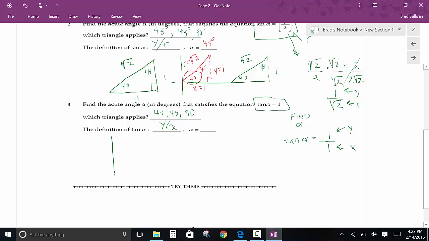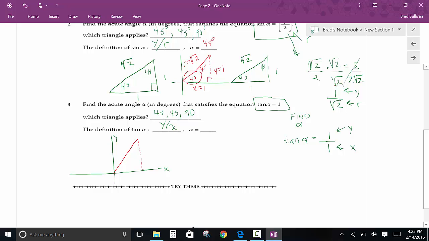So if we were going to draw ourselves a diagram, here's the x-axis, here's the y-axis. If I wanted to just superimpose this triangle on the coordinate system, it would go basically like this.